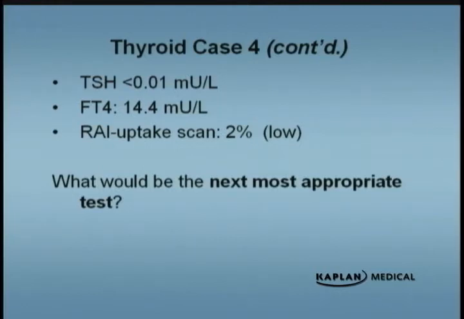So the next most appropriate test in this patient would be a thyroglobulin level, because you're concerned about factitious thyroiditis, that she's taking exogenous thyroid hormones either to lose weight or for other psychological reasons.